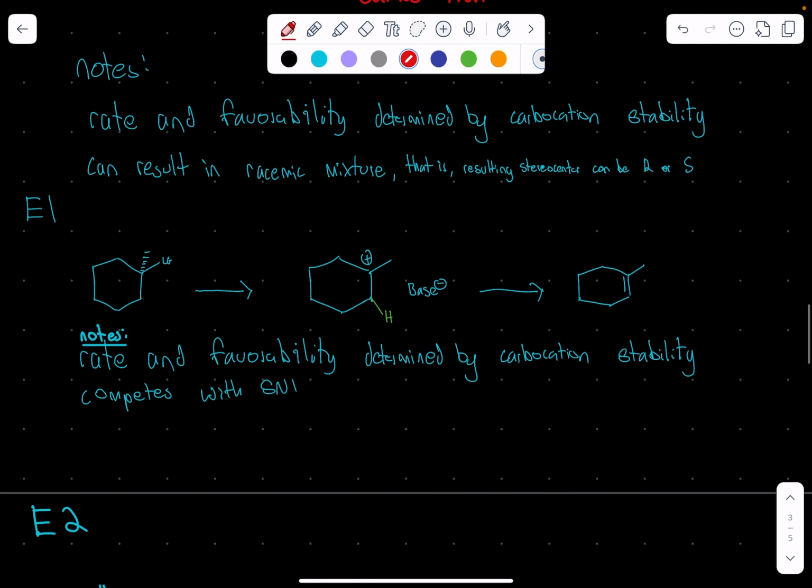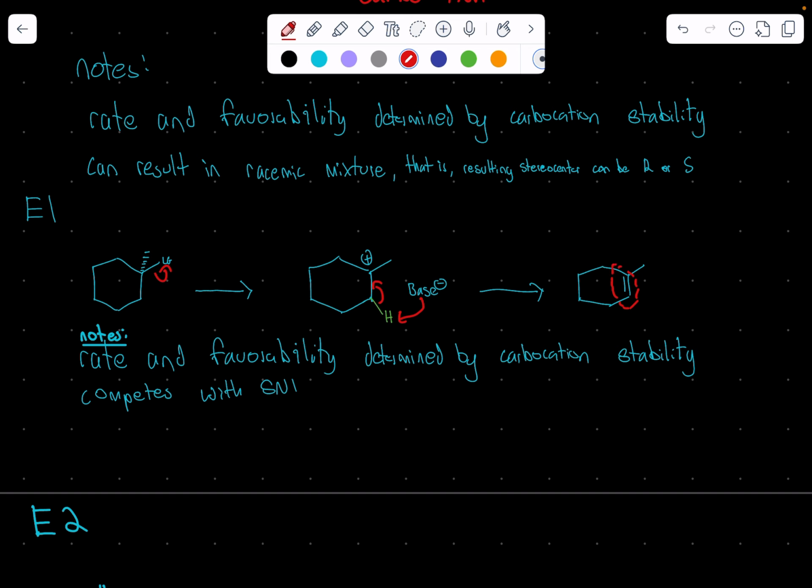Moving on to another reaction we may have learned in Chem 3A or an equivalent course, we have the E1 reaction. Like SN1, this is a reaction in which a leaving group leaves, creating a carbocation. However, instead of a nucleophile attacking, we have a base deprotonating to create a double bond in our product.